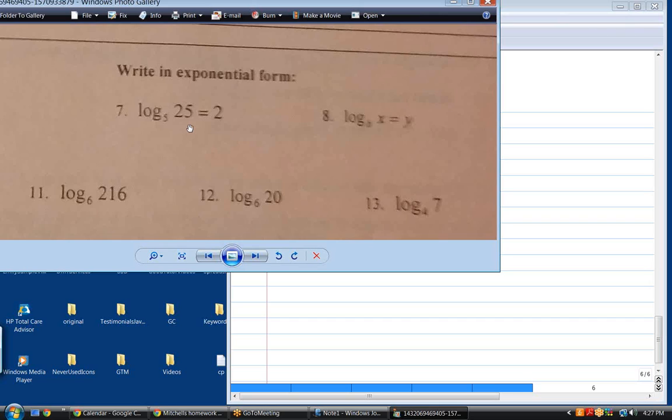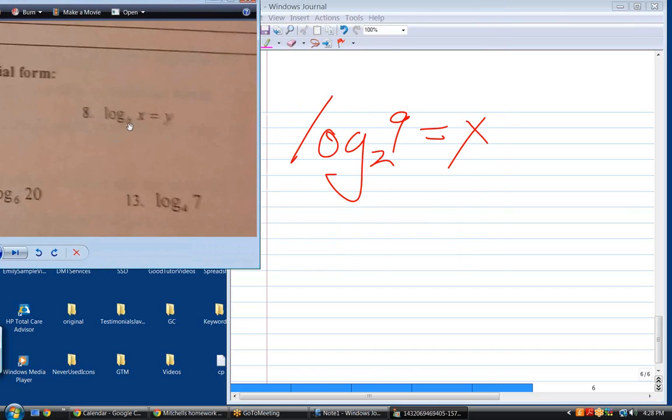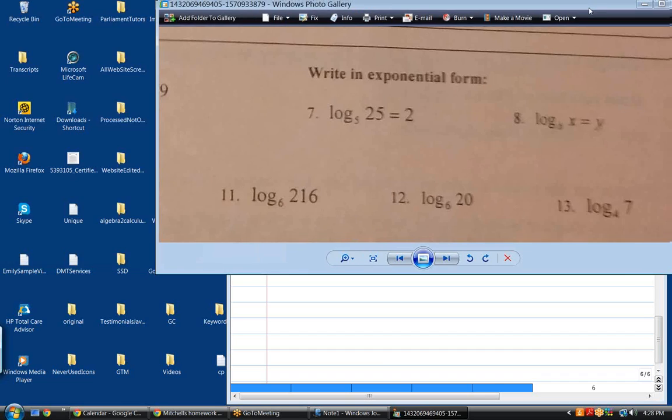So it'd be, take the number on the far left, so it'd be 5 squared equals 25. Very good. And number 8. It's a b. So b to the y equals x. Very good.